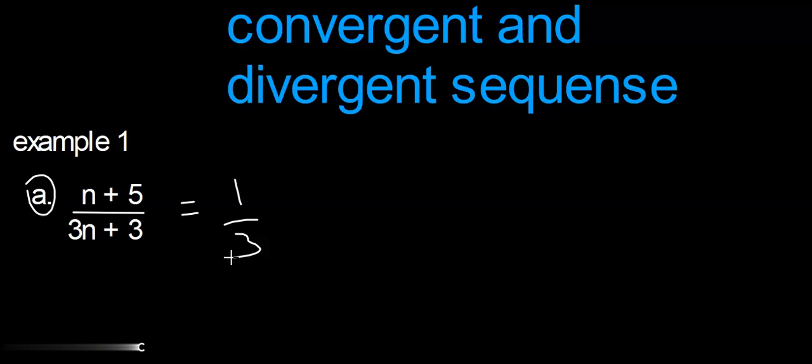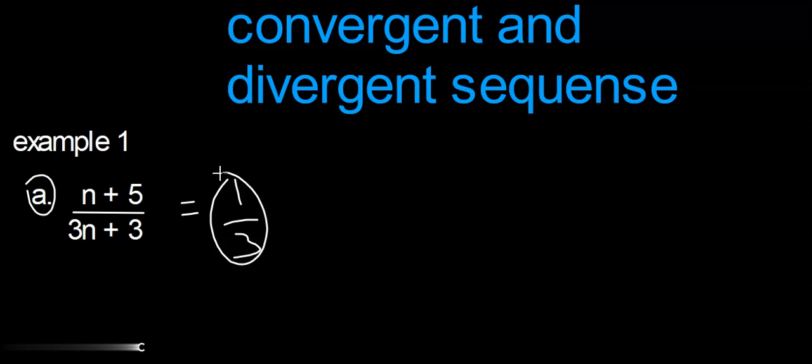So as you can see, this sequence will converge to one specific number, and that is 1 over 3. If we want the long process, you have to substitute all the numbers, 1, 2, and 3, and check, and after that you're going to get 1 over 3 as your last answer.